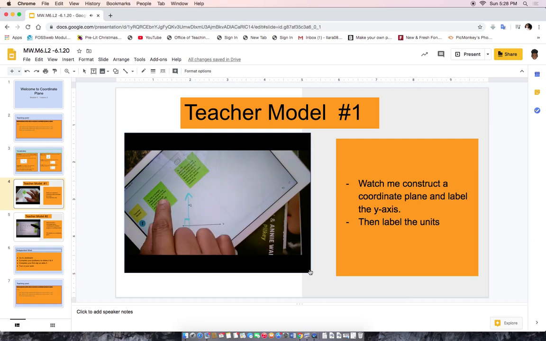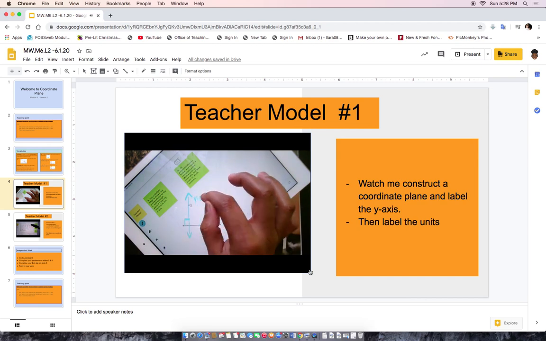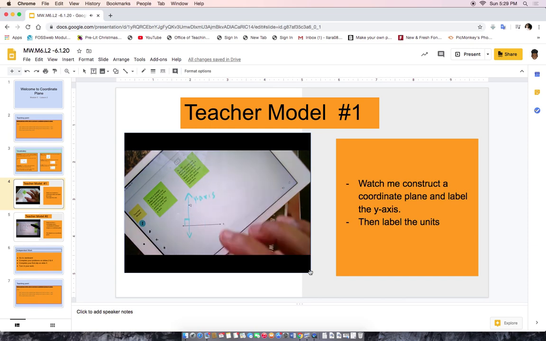In part A, I drew my line, but now I have to label this line y-axis. Okay? Done with this. So now 1B says, on each axis, mark 4 units. Okay?